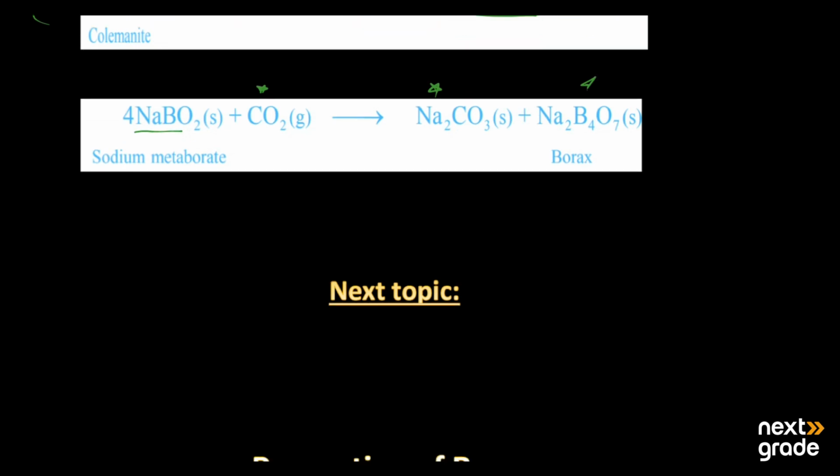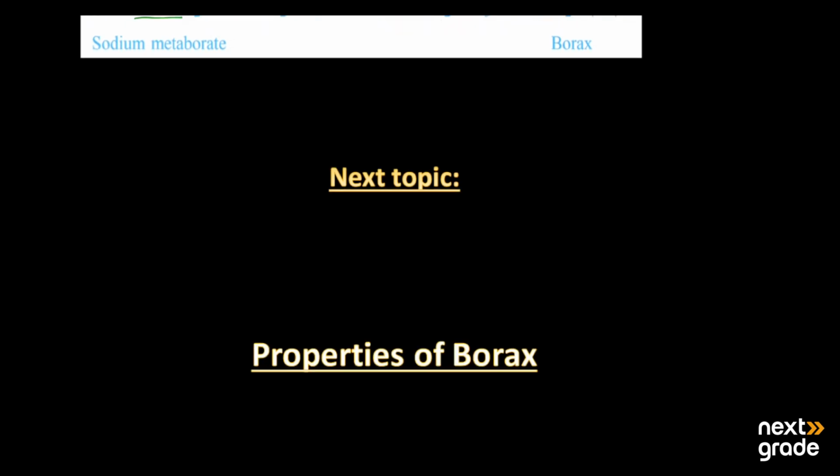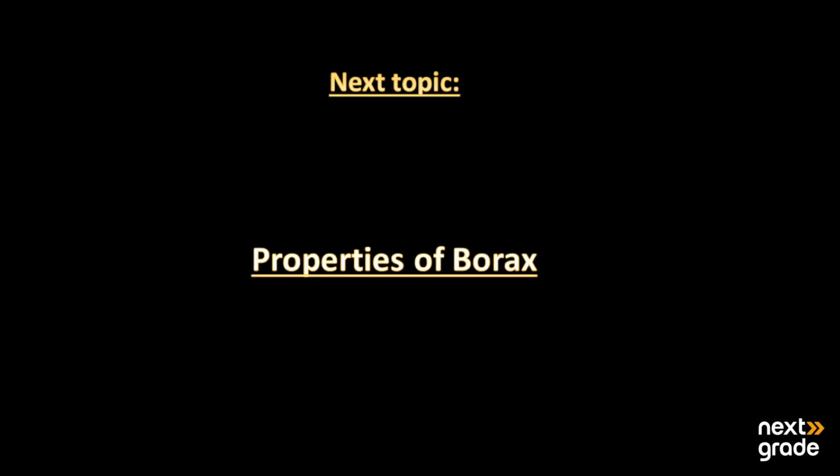So this was a very simple topic, the preparation of borax. Next, we will discuss the properties of borax, what the main percentage of borax is, and what the main occurrence of borax is. Its manufacturing was in three different forms.